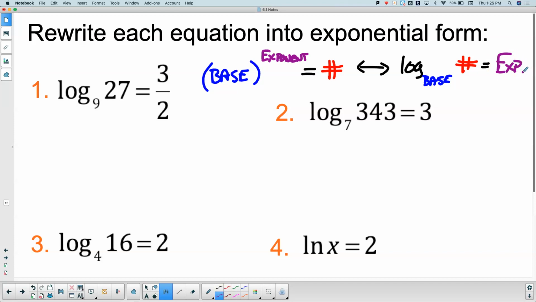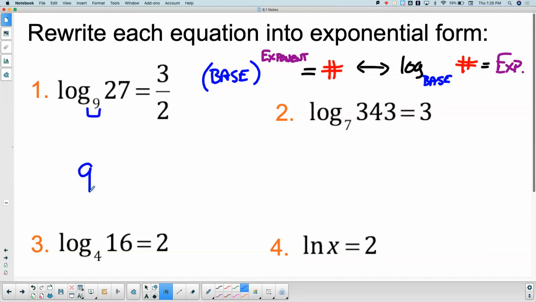Color-coded. One of the things that is going to happen next week, Friday, on your test is I'm going to say, switch forms. I know that I'm in logarithmic form, because I see log. Which means I got to go to the other form, which is exponential. So, I'm going to look for my base first. My base is 9.